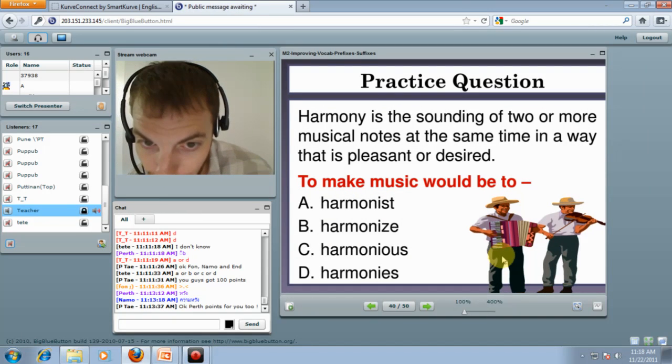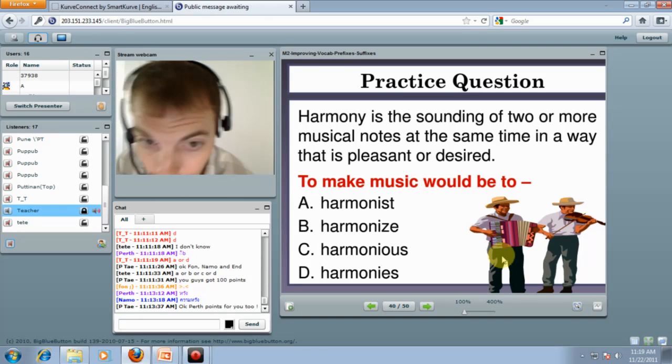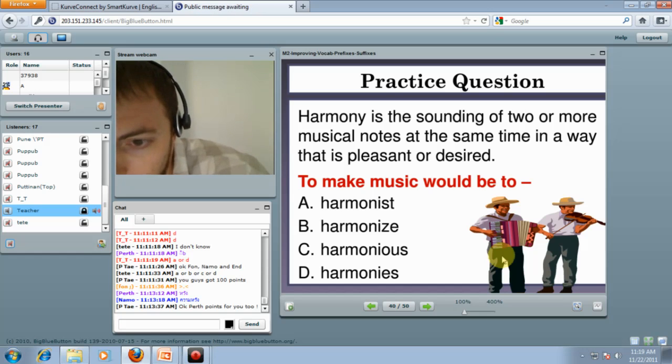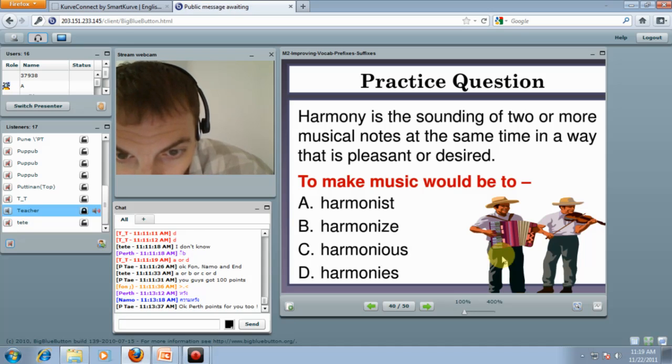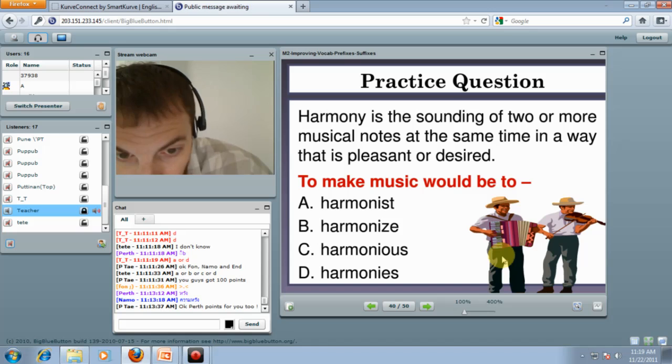Alright, practice question. Are you ready? Let's read this together. Harmony is the sounding of two or more musical notes at the same time in a way that is pleasant or desired.